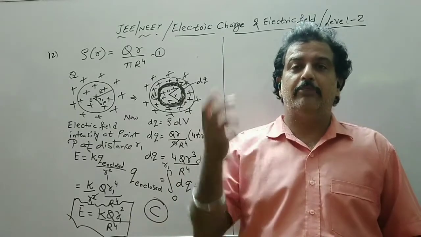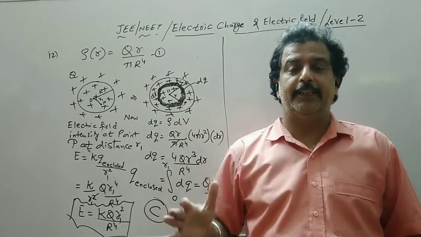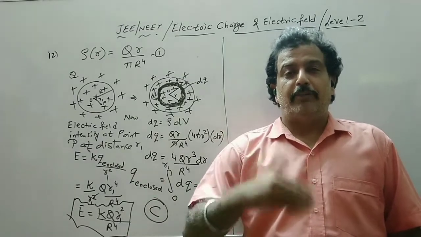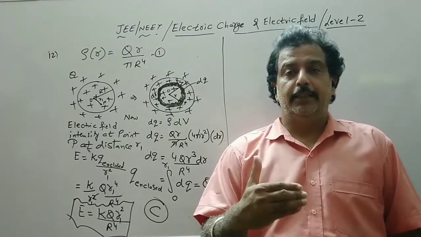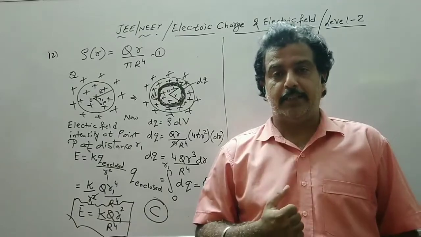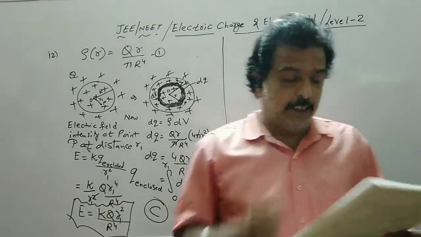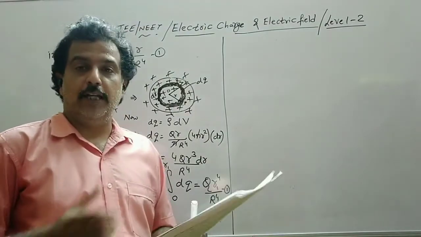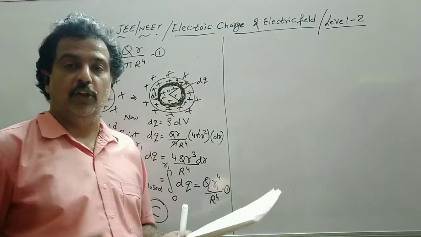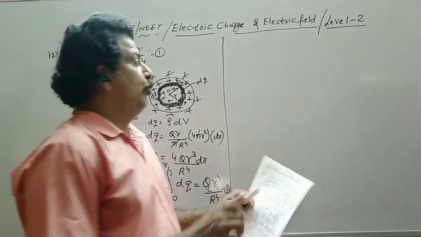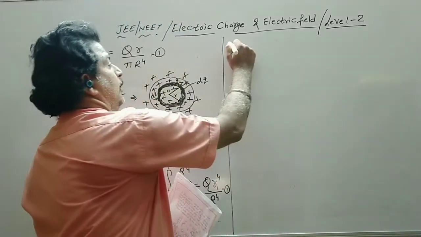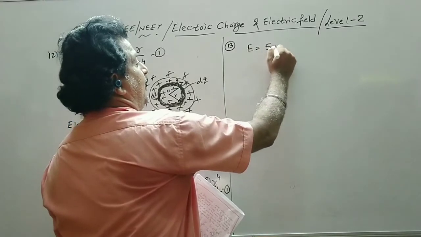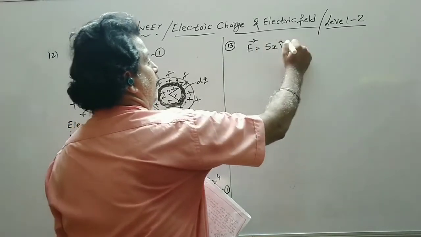And if you remember our theory, it will rotate till it gets aligned in the direction of the field, and it performs a translational motion till the electric field exists. Now here again the non-uniform electric field is given, which is along the x-axis. So field is increasing along the x-axis. The value given is E is equal to 5xi volt per meter.